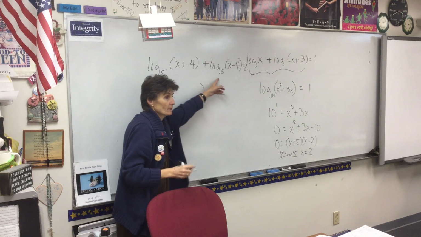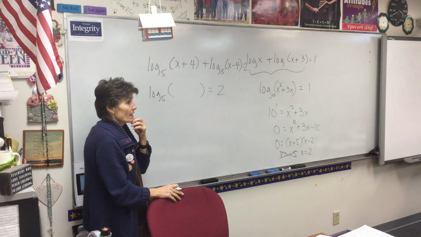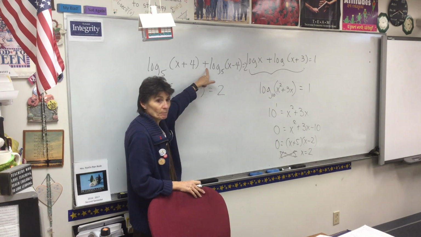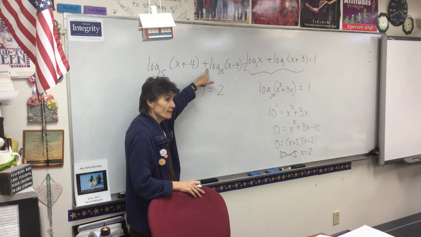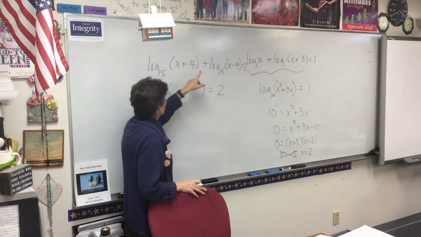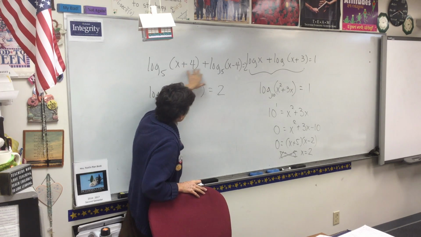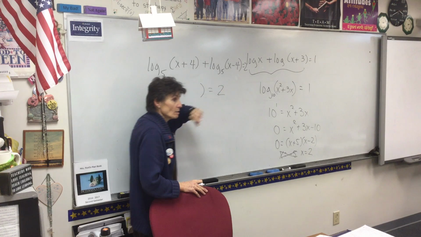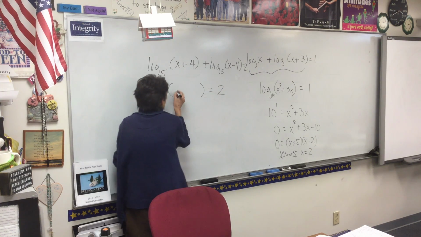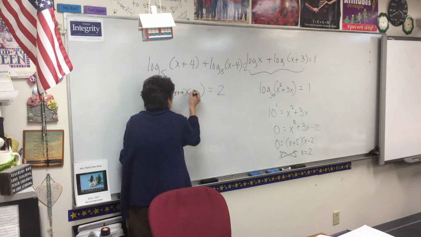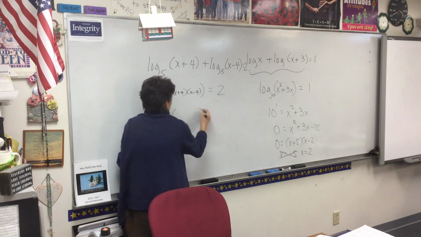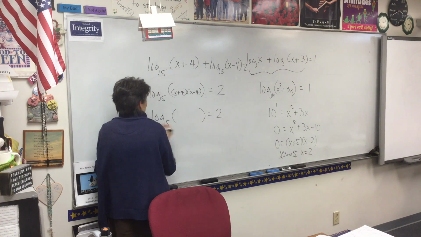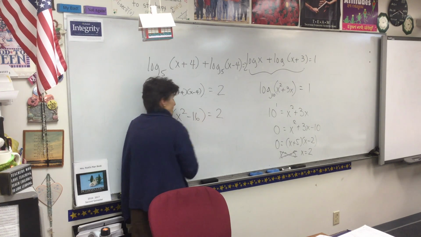They have to go together. And because that's a plus, when they go together, it's going to be a times. So this is going to be x plus 4 times x minus 4. So yeah, that's a FOIL. What is that when you FOIL it out? X squared minus 16.